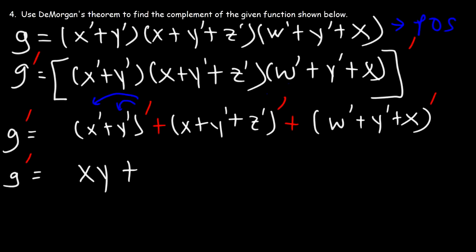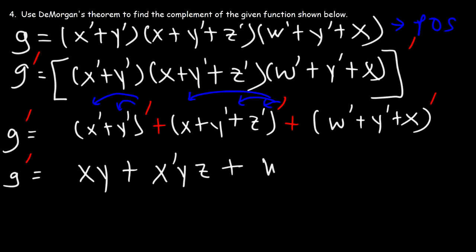Now, let's move on to the next one. So x will be changed to x prime, y prime will be changed to y, z prime will be changed to z. And the plus symbols inside the parentheses will be converted to multiplication. So this is going to be x prime, y, z, and then plus. Let's do the same for the last one.